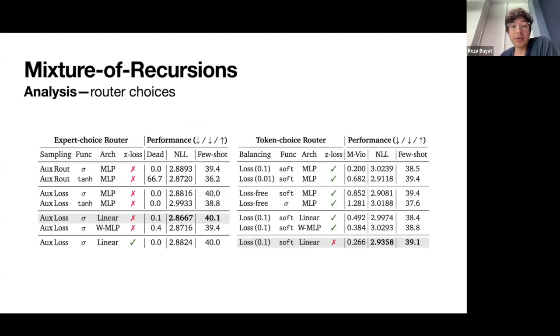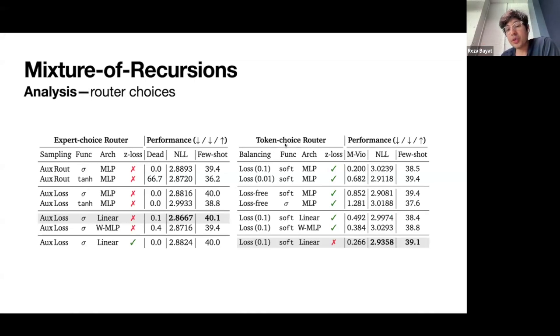For the router choice experiment, we have done ablations based on different types of architecture for the router: MLP router, linear router, and wide MLP, and different activation functions, and also different sampling strategies, having an auxiliary router or having auxiliary loss, as I mentioned, for the expert choice.